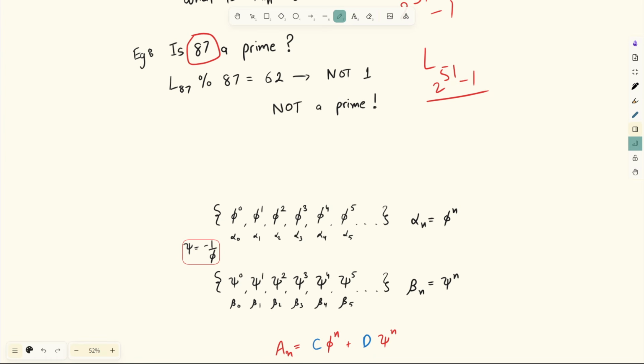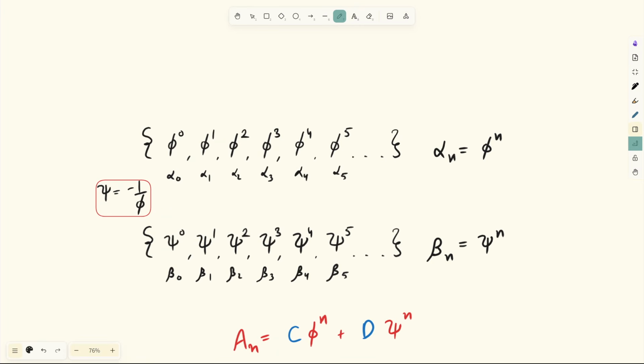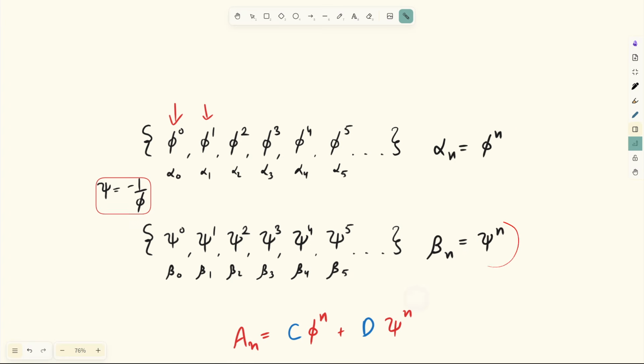in R, phi and the other thing is called psi, which is defined as -1/phi. So the other solution that we had, you can construct two sequences that are pure powers of these numbers. So you can consider alpha, which is just a geometric sequence of phi, and beta, which is a geometric sequence of psi.